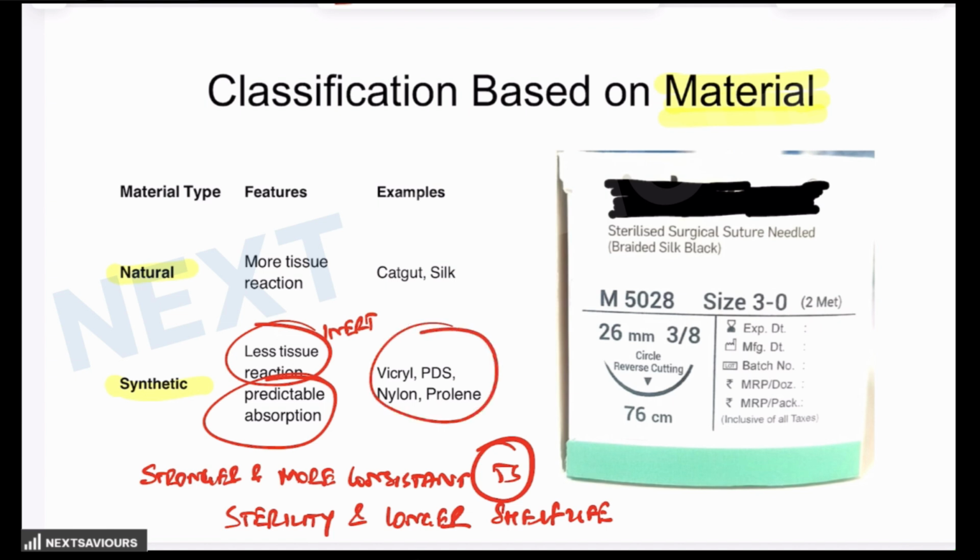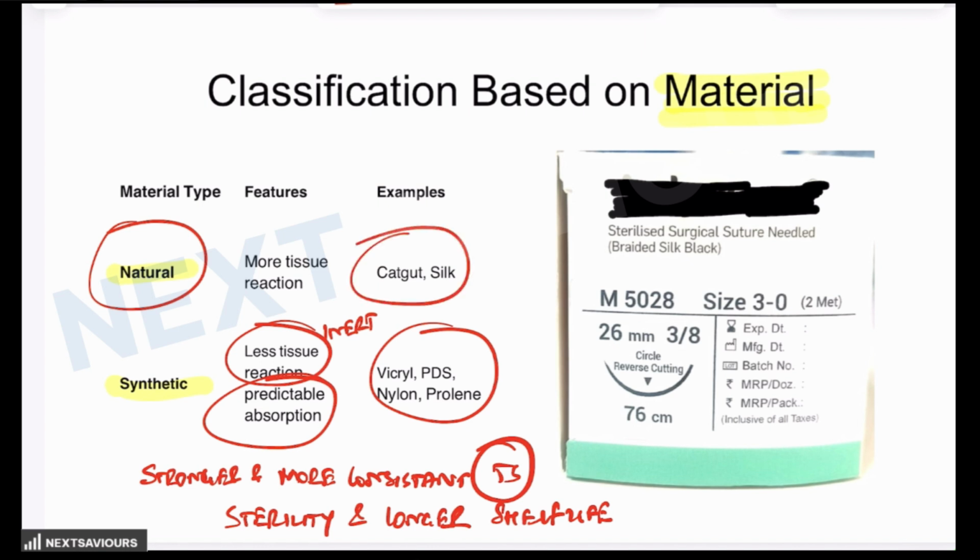The examples are vicryl, PDS, nylon, proline, while the natural sutures or natural threads have better biological compatibility, but in some tissues, the only advantage is that they are cheaper and to some extent more widely available, and they have rapid absorption like catgut, which is used in mucosal areas.